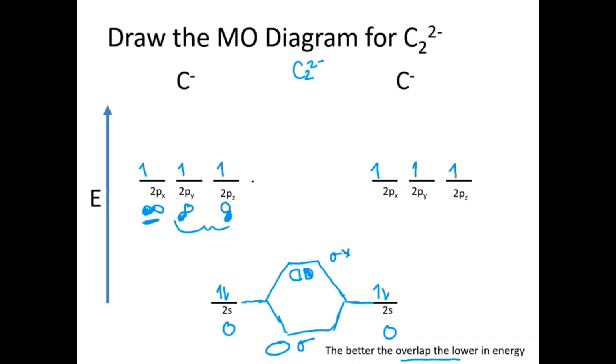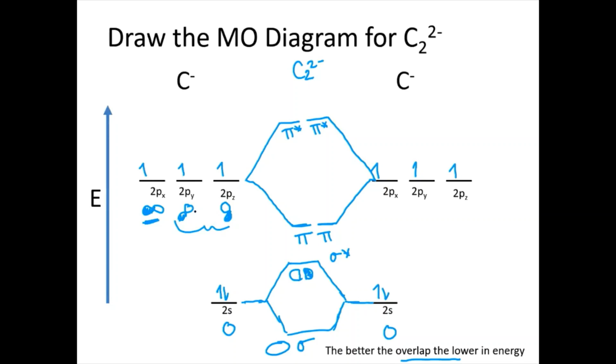Okay, so I'm going to go down, and I draw two pi bonds. And when I add them, I also have to subtract them. So they go up here. And these are my pi antibonds.